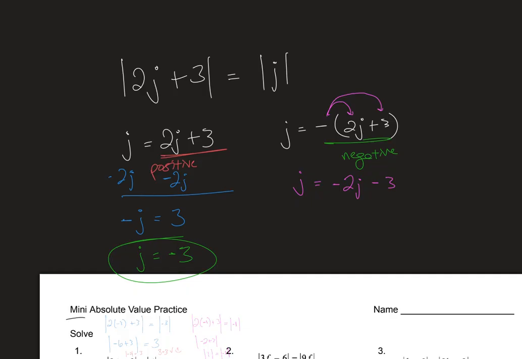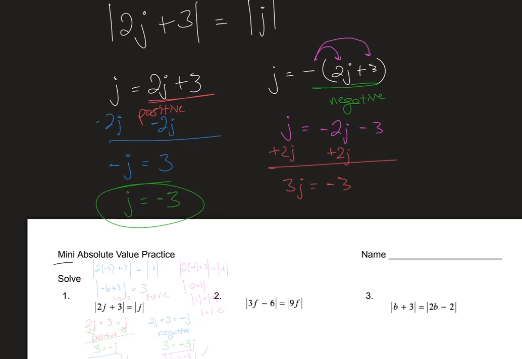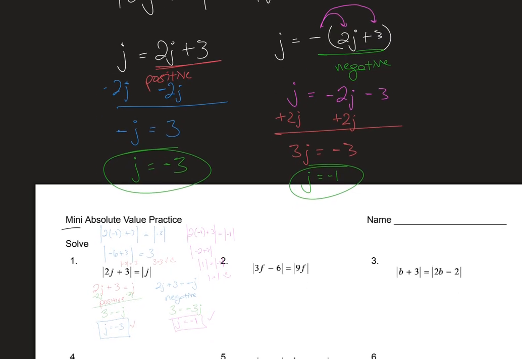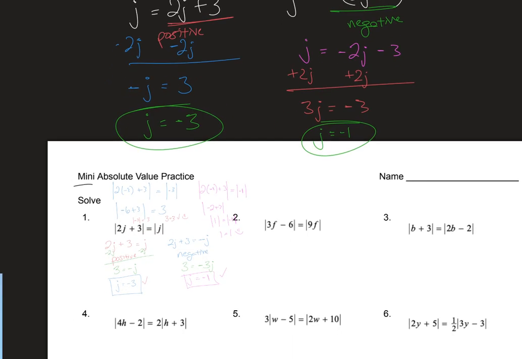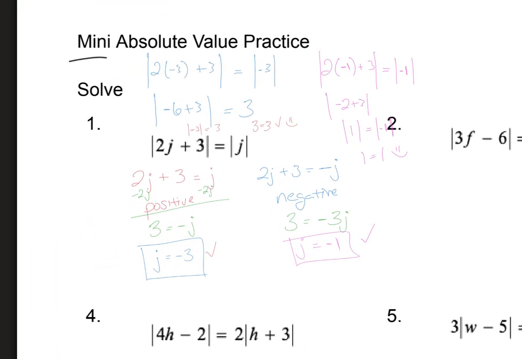I'm going to add 2j, and I get 3j equals negative 3. Then I'm going to divide both sides by 3 to get j equals negative 1. Does that sound good to you? Check it out. That's literally what we got down here.